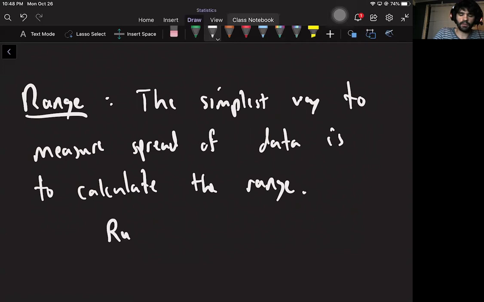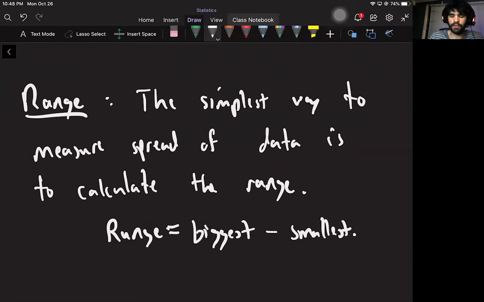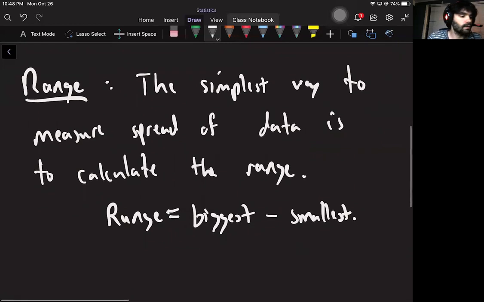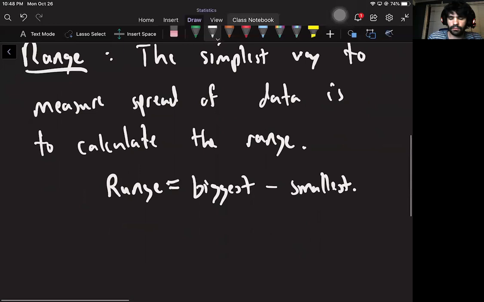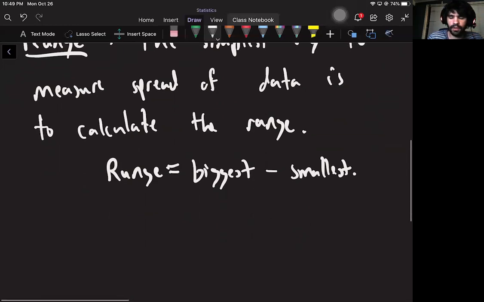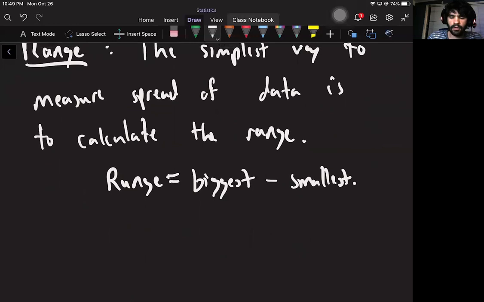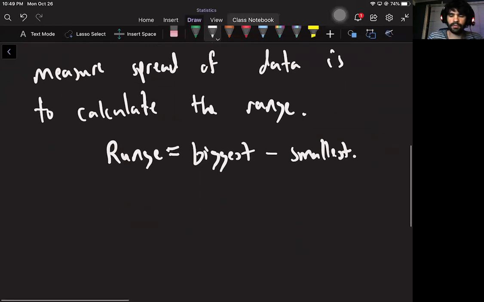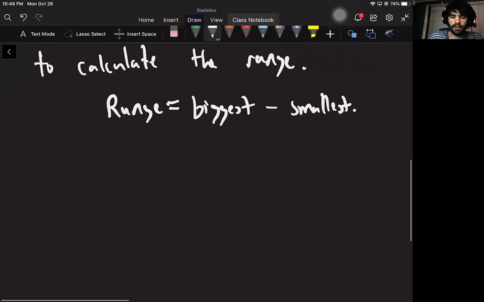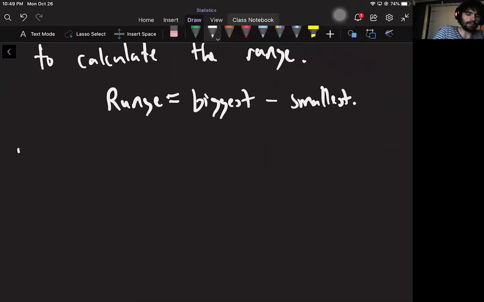And what is the range? Well, it's just the biggest number minus the smallest number. So what you're really doing is you're saying how wide it is. How wide is the data from beginning to end? And that's not really useful because it doesn't tell you how spread out things are all in between. It just tells you how spread it is from beginning to end, which is sort of not that useful.